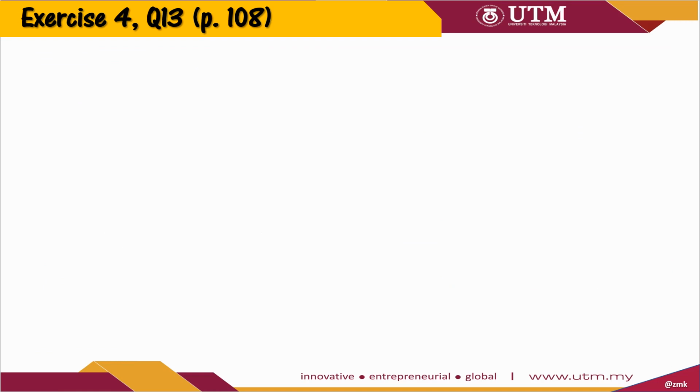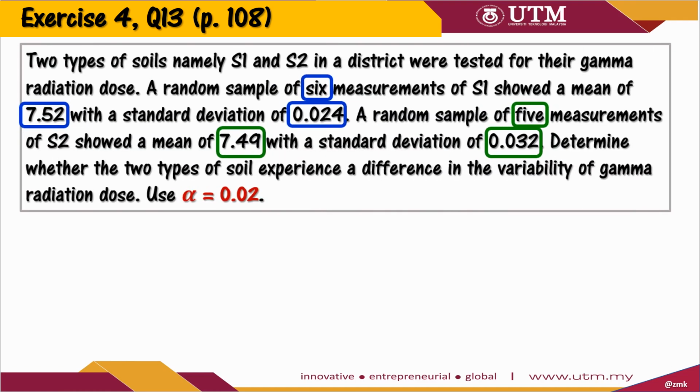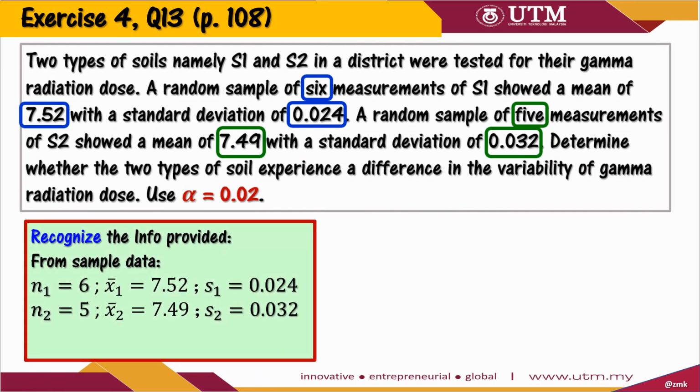For the second example in this video, please refer to exercise 4 question 13 again on page 108 from the Statistics for Engineers textbook. Based on this question, we have identified or recognized the information given in the question when we did a statistical test on the difference between two population means.